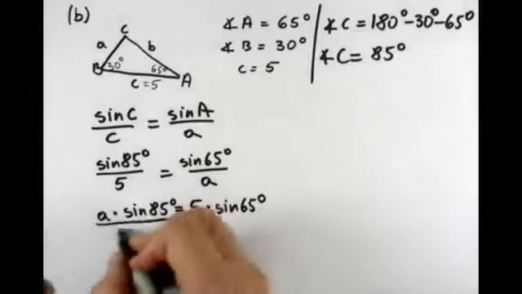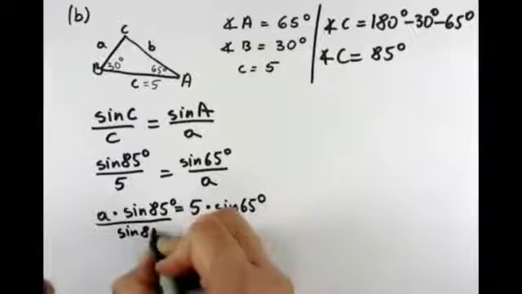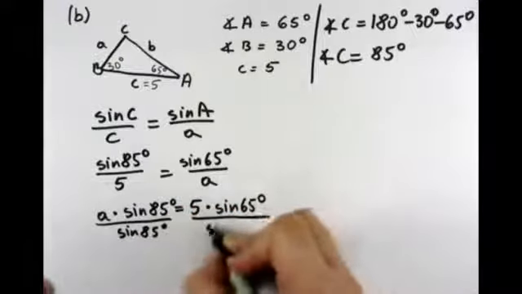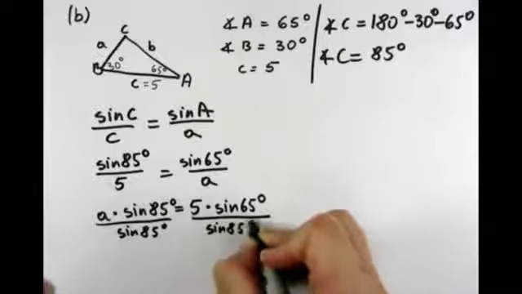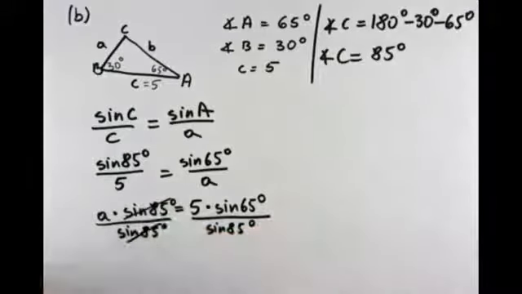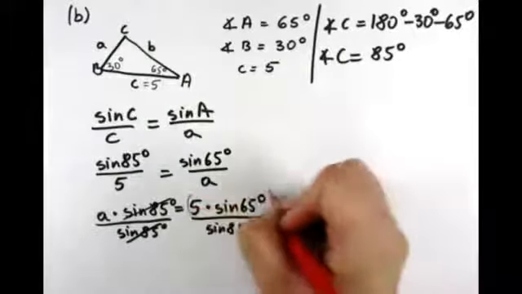Divide by sine 85, so this cancels out. Make sure you put brackets and make sure you are in degree mode.